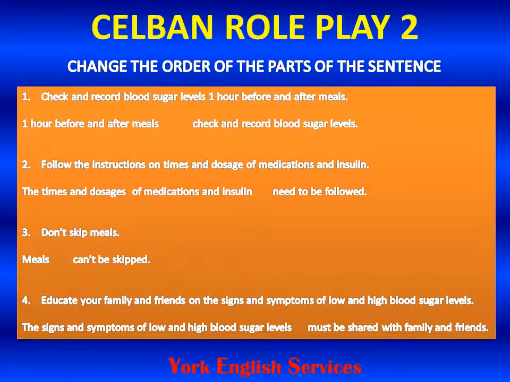First, check and record blood sugar levels. And second, 1 hour before and after meals. All you have to do now is to switch the order of these two parts. So you're going to start from the second part. 1 hour before and after meals, check and record blood sugar levels. See? You already sound slightly different from the original instruction.